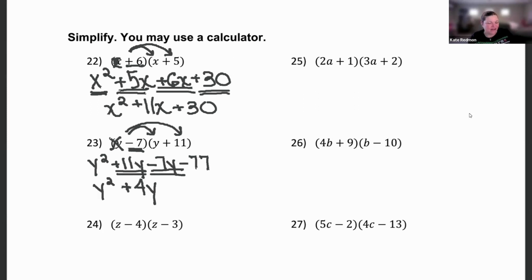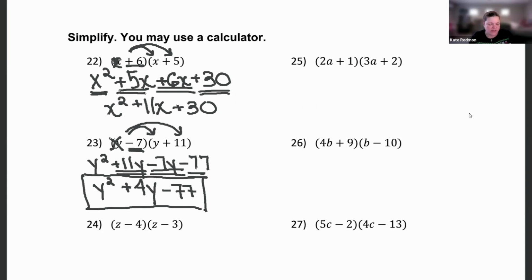If I forget that, I'll be turning the pieces that should be adding together into multiplication. And then I have a minus or -77. That's just going to drop. And again, no more like terms means there's nothing more I can do here. Final answer is y squared plus 4y minus 77.